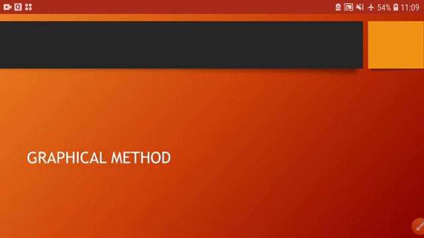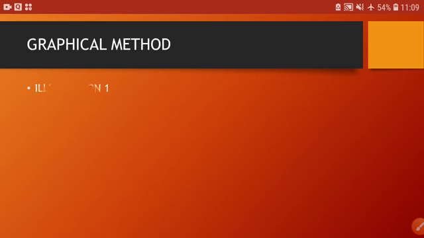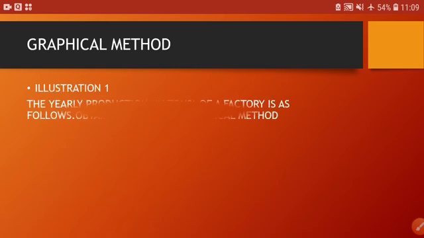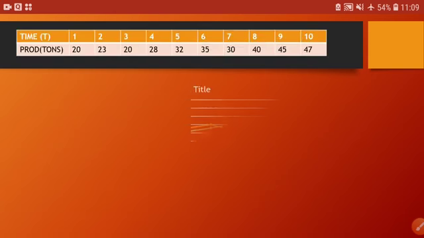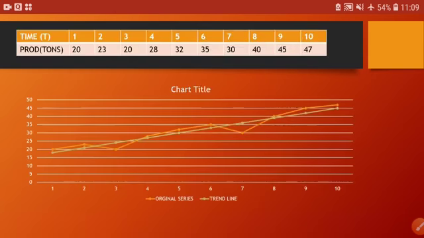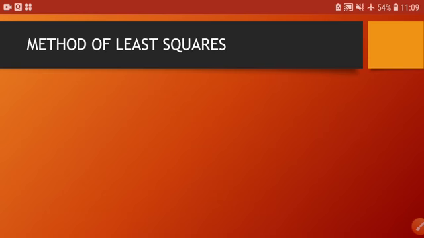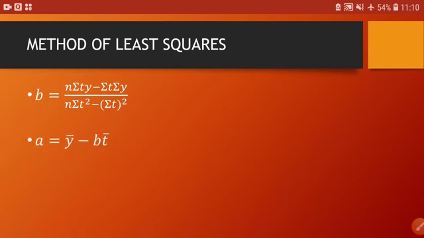We have done all these things, so we are not repeating, you can just go through it. We have done illustration 1 with the graphical method, then the method of least square. As I told you, we have done the formulas. I told you to find b first. b is equal to n sigma ty minus sigma t sigma y, upon n sigma t square minus sigma t whole square.